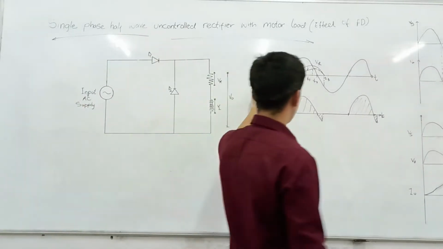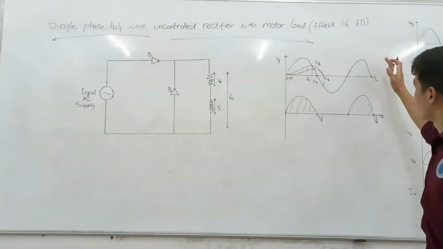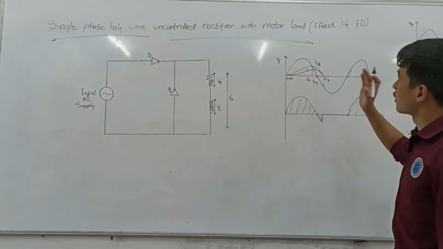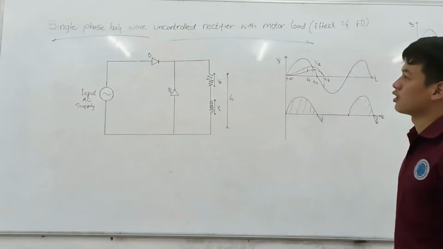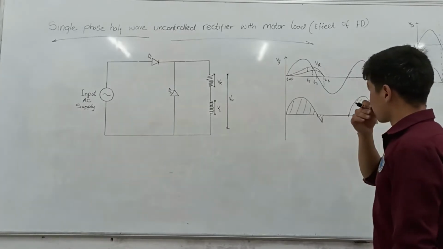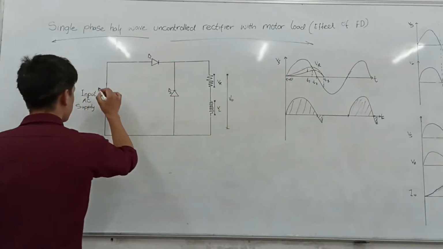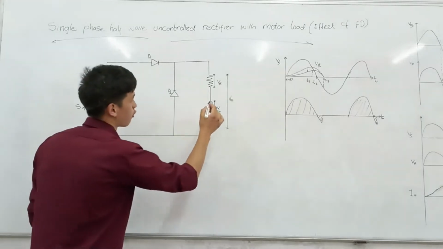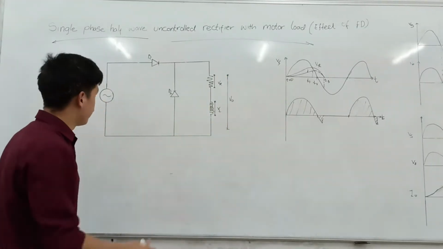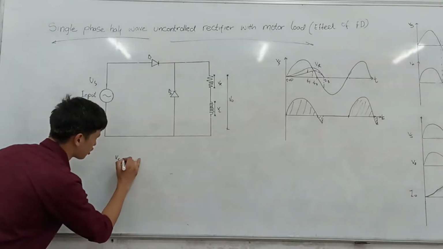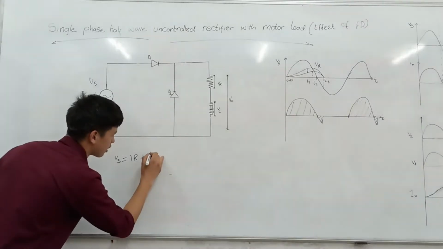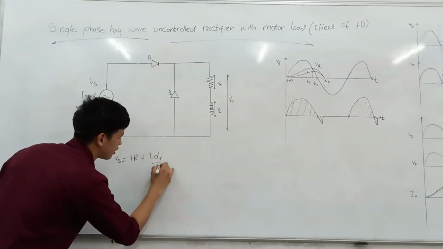And here we have the waveform for the operation of the single phase half wave uncontrolled rectifier. This is the source voltage Vs, and here we have the resistance voltage and the inductive voltage. Vs is equal to IR plus L dI by dt.